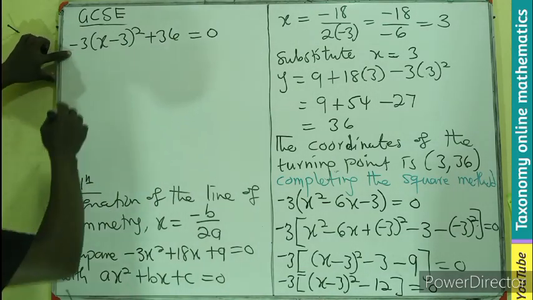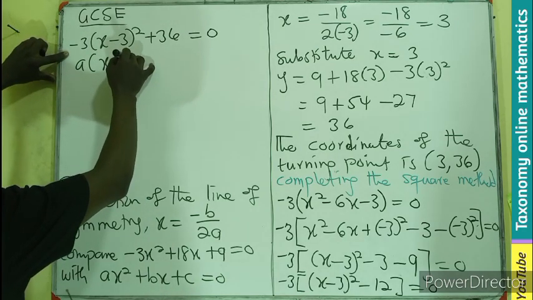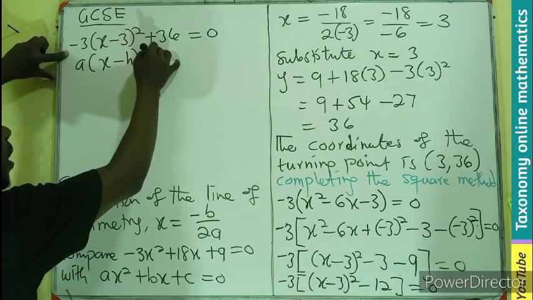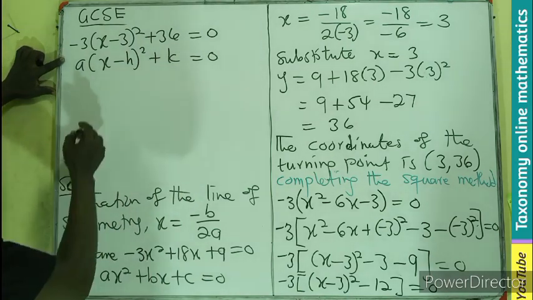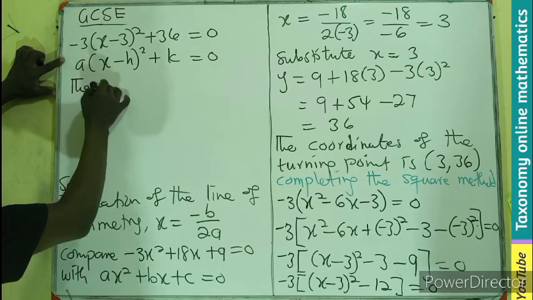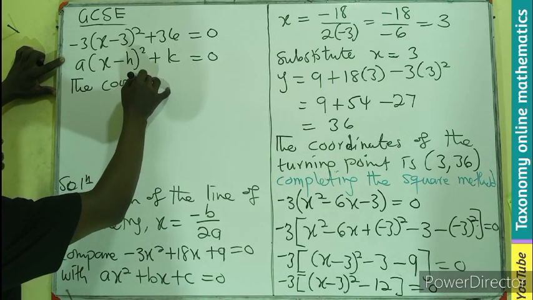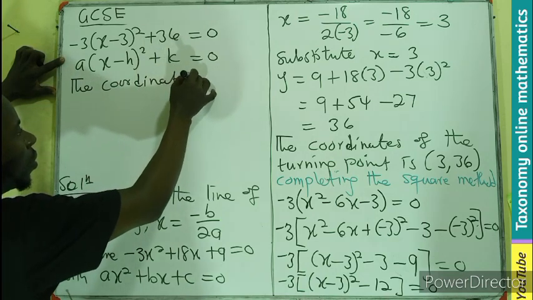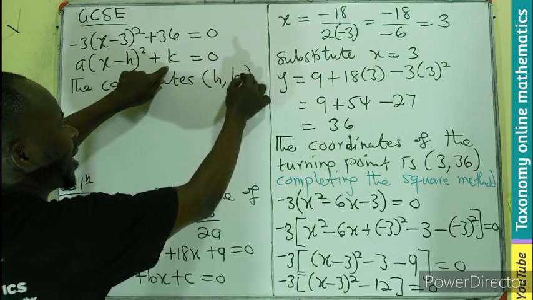Now we know that we have a times x minus h squared plus k equals 0. If you compare, the turning point or the coordinate is given by h, k.